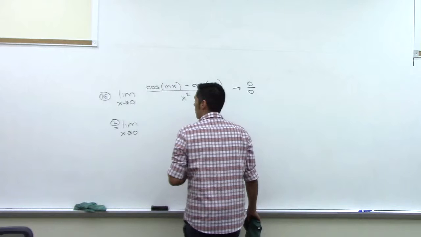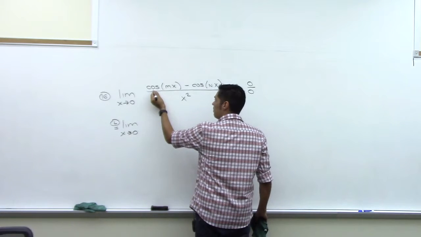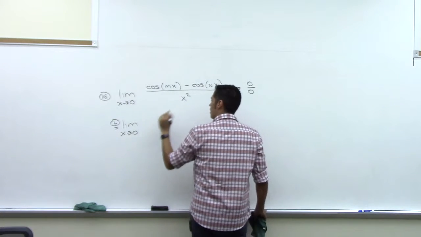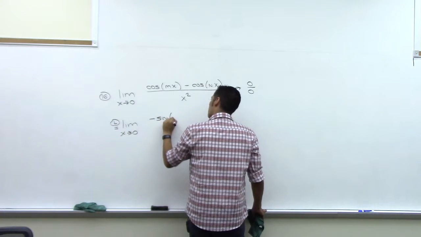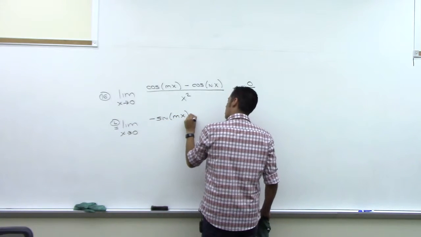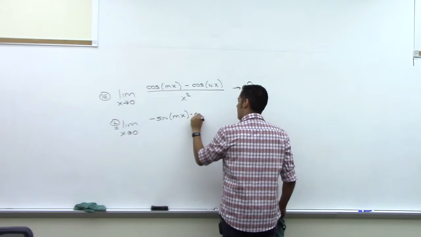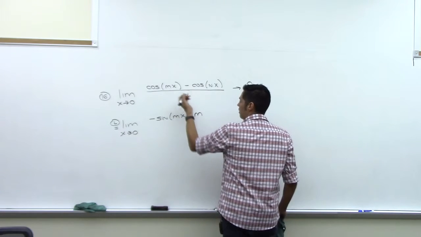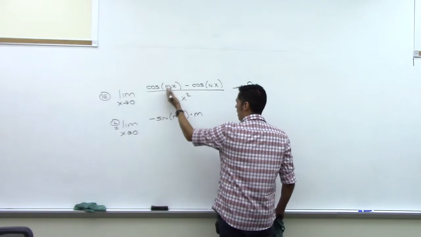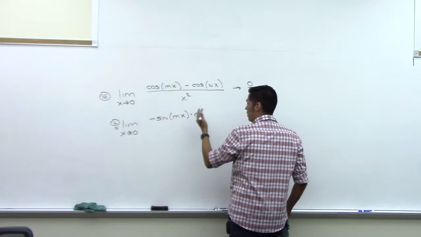All right, we got to be careful here. The derivative of cosine of something, right, chain rule, is going to be negative sine of that something times the derivative of what's inside. The derivative of mx is m, right? If that was a 5x, it would be 5. If that was 10x, it would be 10. So since it's mx, it's just m.